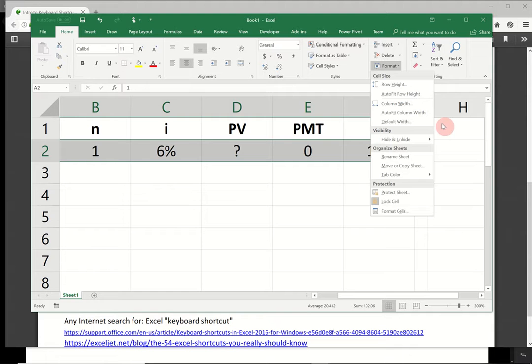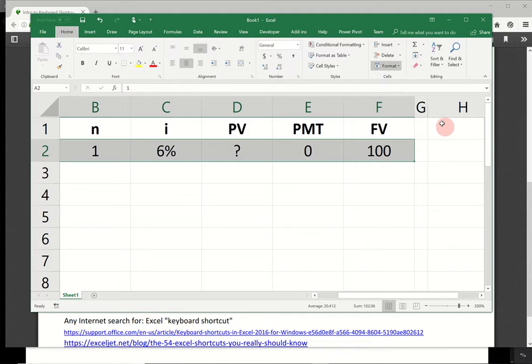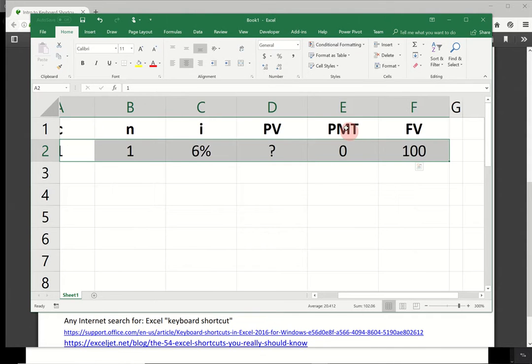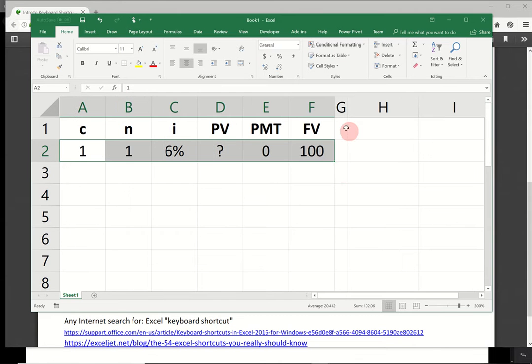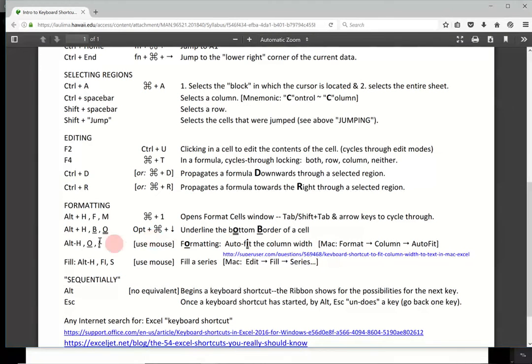So let me try that again. Alt-H, and then O, and then you can see that the auto-fit column width is this letter I over there. So if I type I, oh no, that's not what I want. Alt-H-O-W is what I want. I want to set the width to be, say, 5. Okay, so that is Alt-H-O-W.